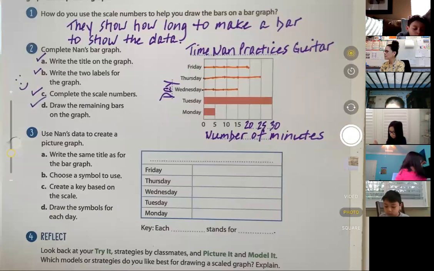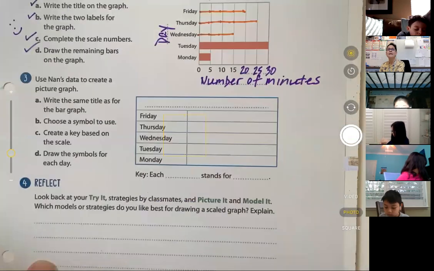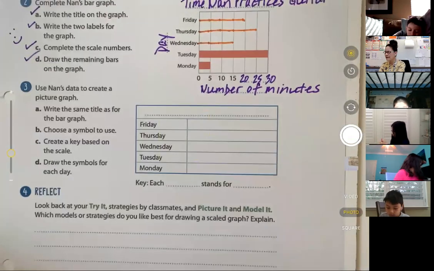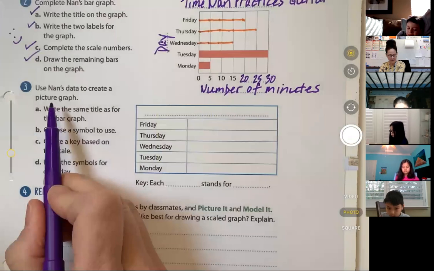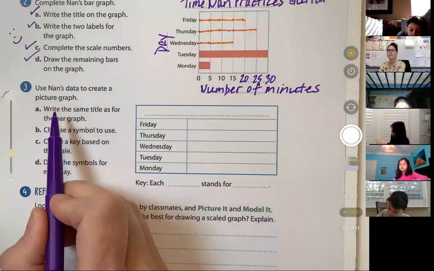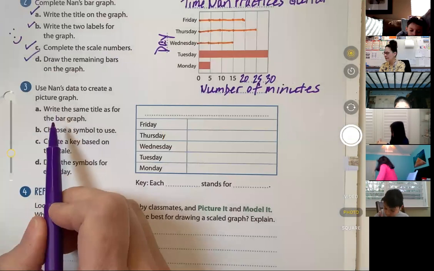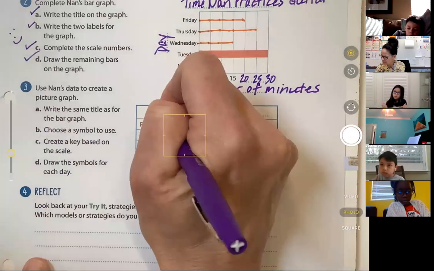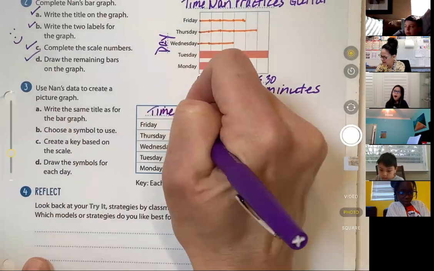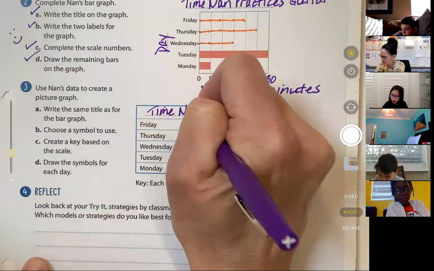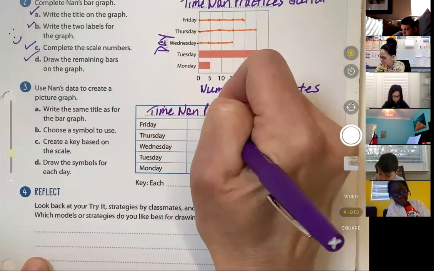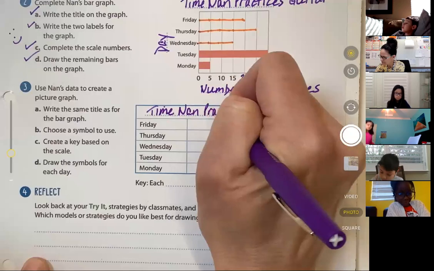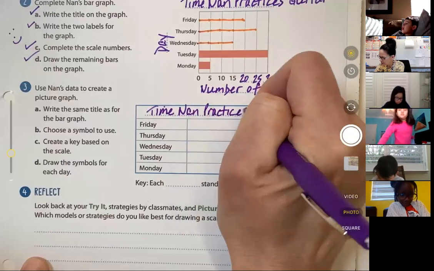And now we're going to use, again, the same data, and now we're going to create a picture graph. A picture graph this time. So again, write the same title as the bar graph because we are representing the same data. So again, it is Time Nan Practices Guitar.